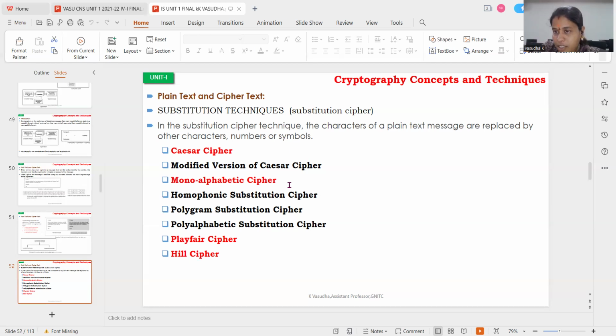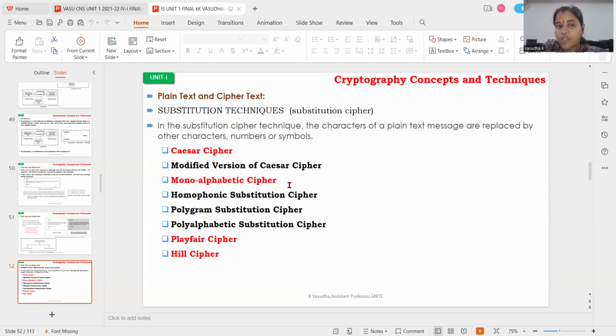If you are trying to send hello, with substitution methods we can replace hello with any other alphabets. But in transposition techniques, we must use only those hello letters, though jumbling the letters or changing their positions can be done. That is the transposition technique.